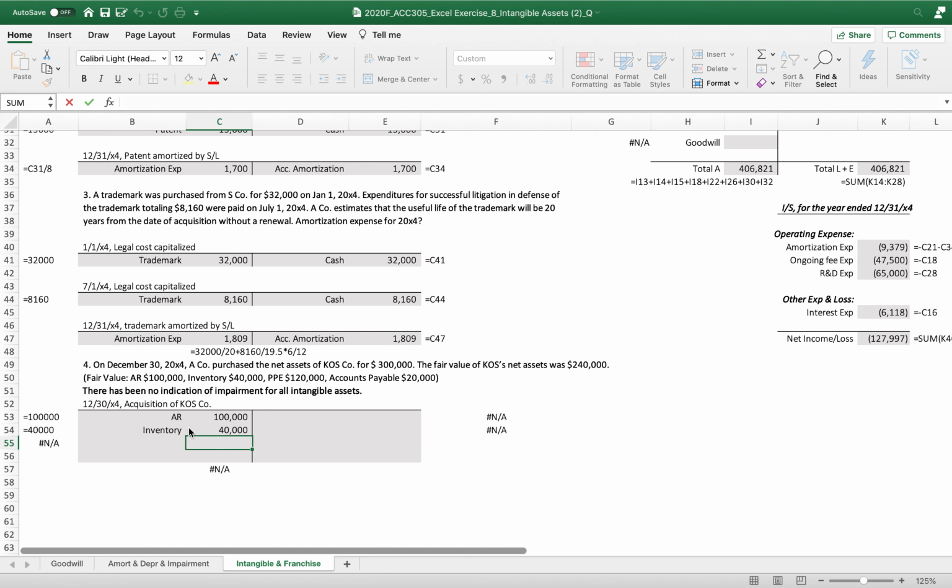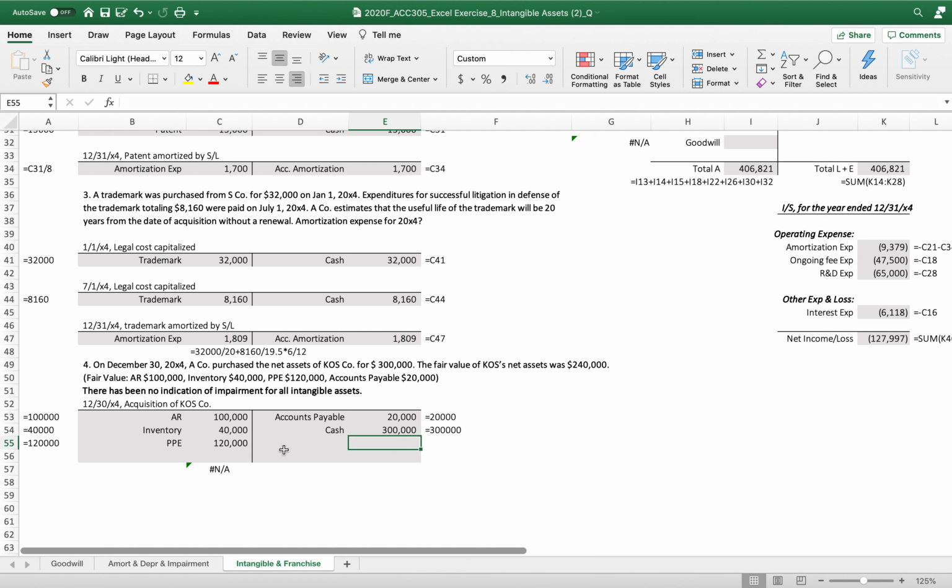The PP&E from this acquisition is $120,000. Then accounts payable assumed is $20,000. Then cash paid. How much cash paid? $300,000. That is the consideration.